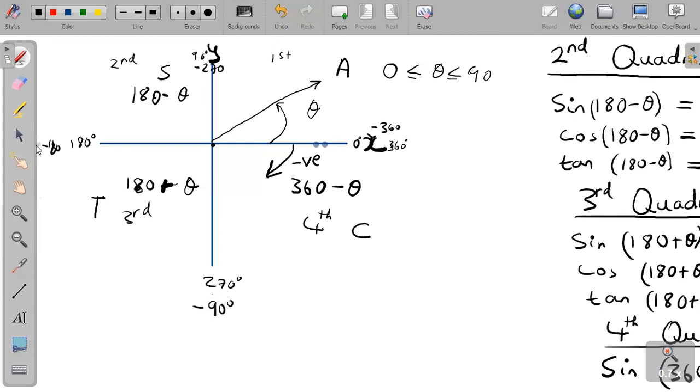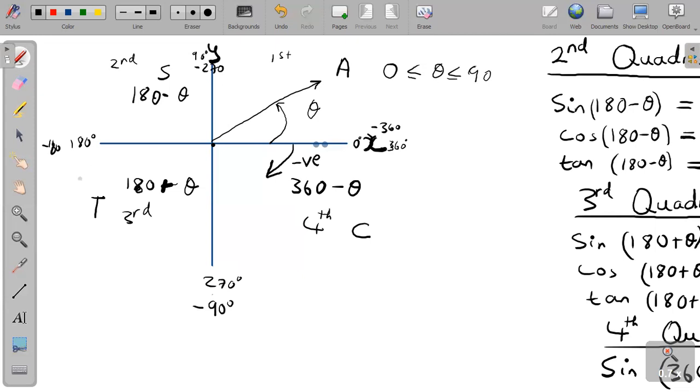What we call minus 180 is 180 degrees in some sense, in the sense that we can give a relationship between those angles, even though we are going in a different direction altogether, right?